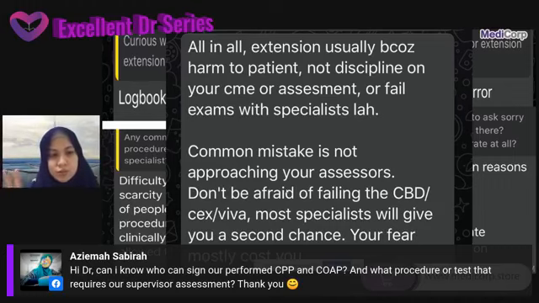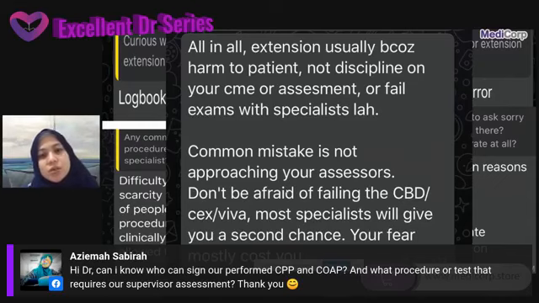For COAP, compulsory or observe or assist, if you do lumbar puncture or chest tube, this is quite rare, so it is good practice to ask for the signature straight away from the MO who assisted you in that procedure.